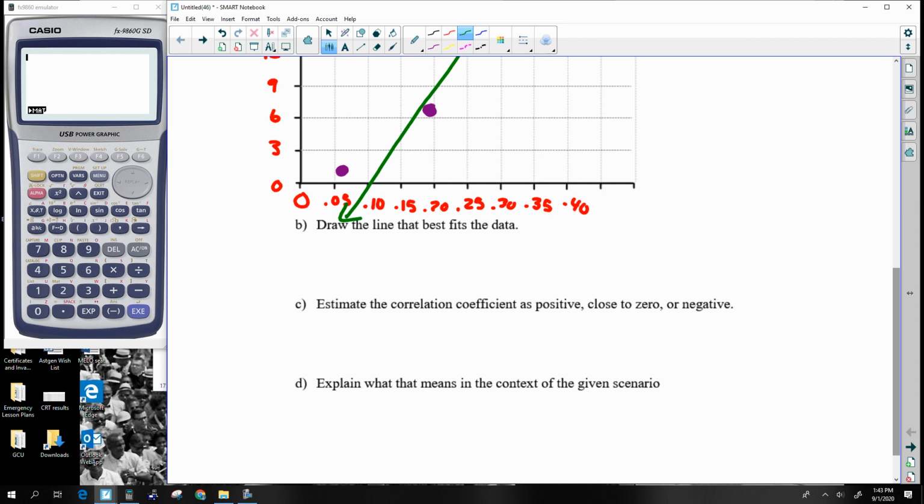Estimate the correlation coefficient: is it positive, close to 0, or negative? Don't worry about the close to 0. Just tell me what is the slope of the line that you just drew. The line that I just drew was a positive slope line. Again, if you forget, positive slope goes uphill like that. Negative slope goes downhill.